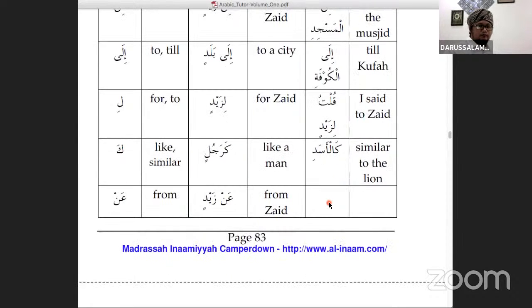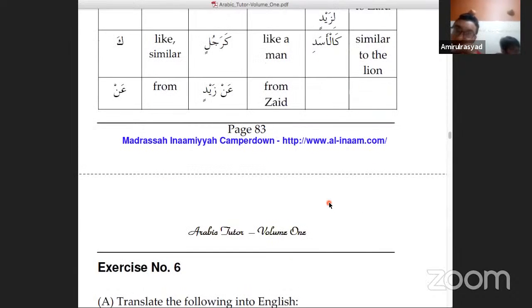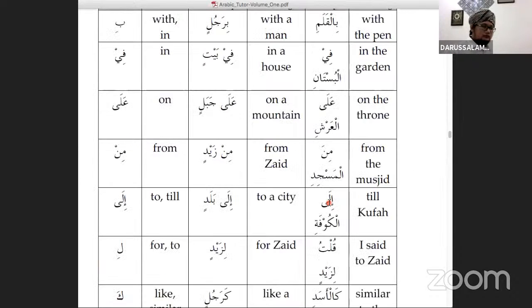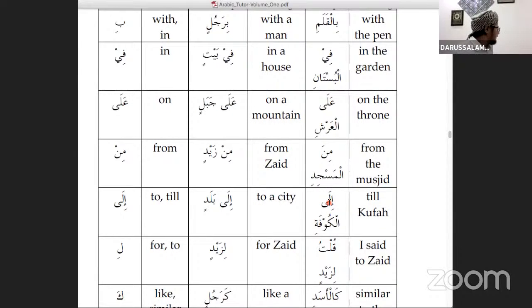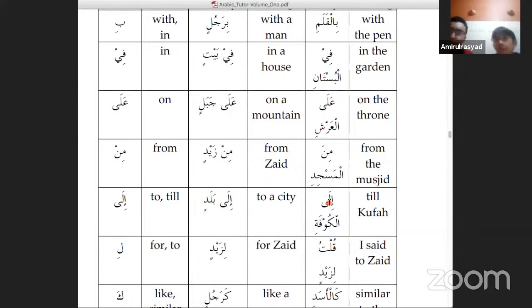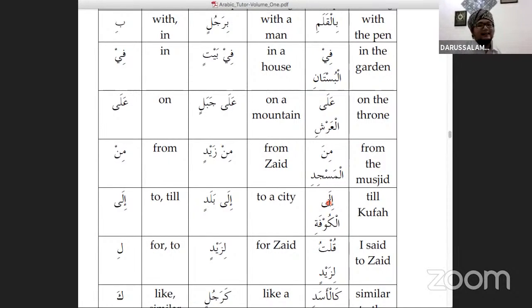Boleh tak? Sekejap. Salin mana? Salin cepat. Penatlah. Mana rotan ni? Rotan. Okay. Nak rotan siapa? Ni. Dia dah lari dah.